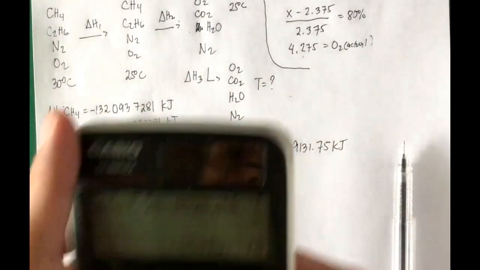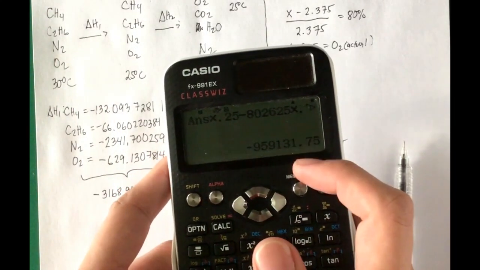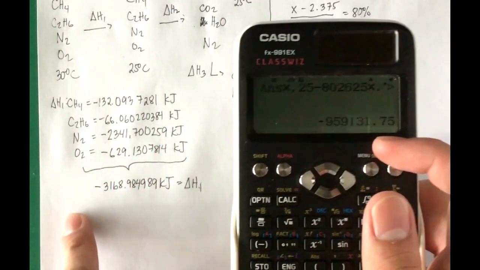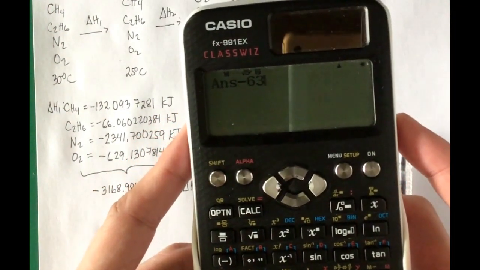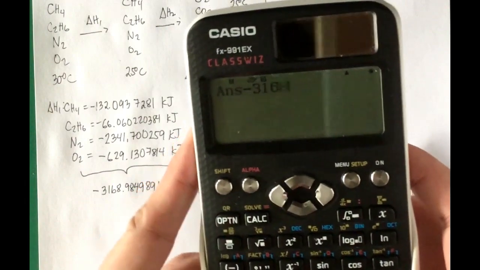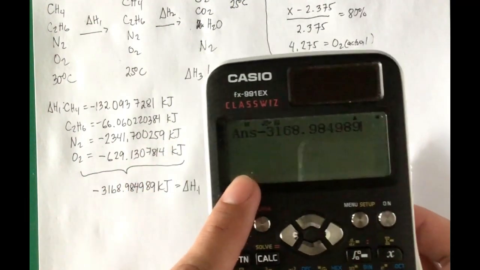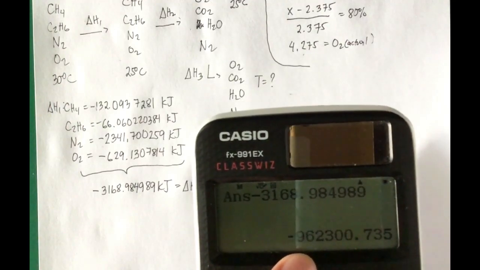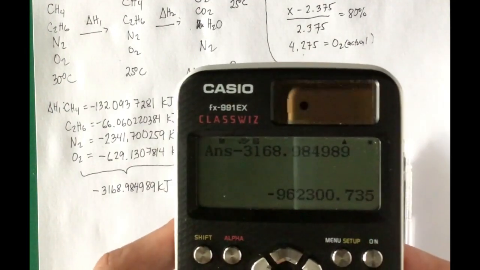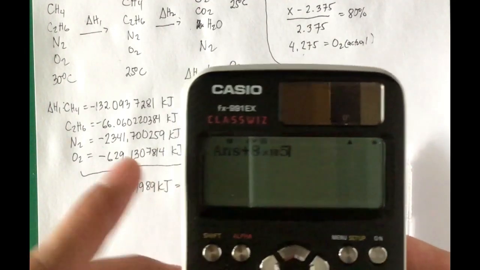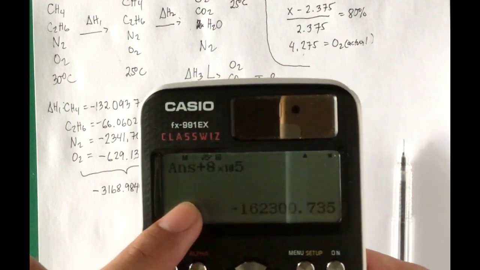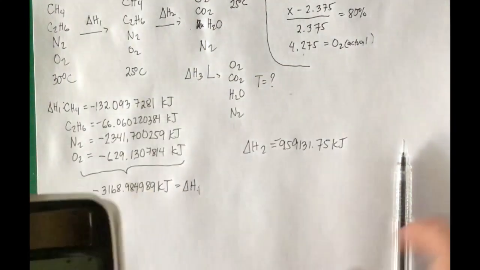So we know that this is the heat one. Then we're just going to add this to negative 3,168.984989. Okay, then we're going to get a value of this. Then we just add 8 times 10 to the 5th. Okay, then we're going to get this value.